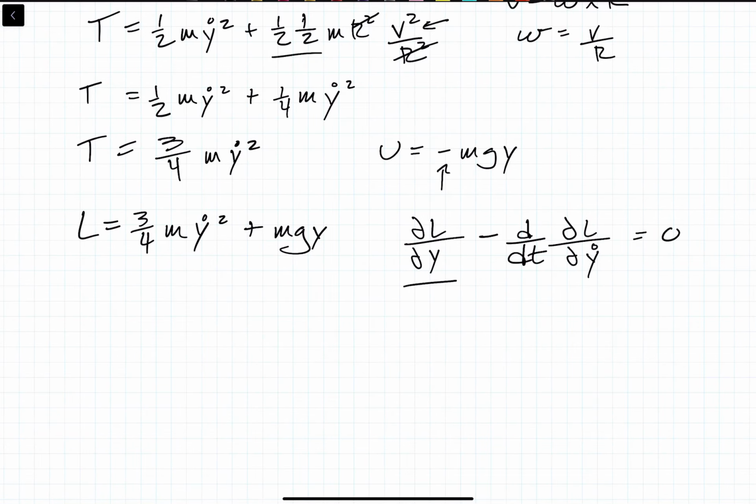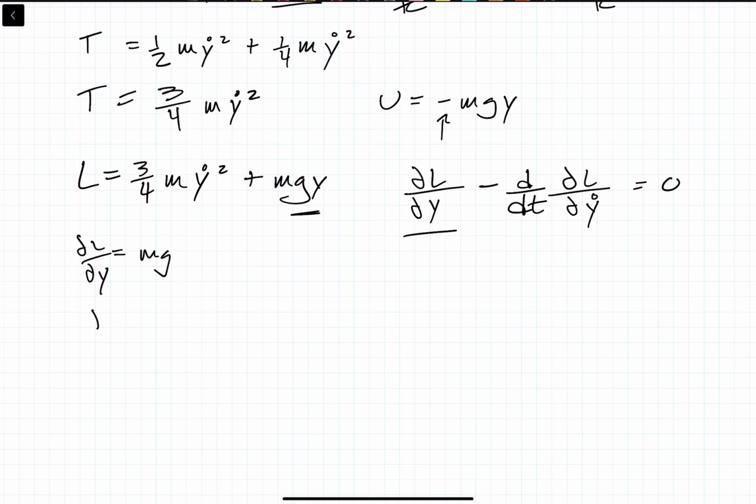So now I have to find the partial derivative of this equation with respect to y. The only y term in this equation is here. So the partial of L with respect to y is equal to mg. Now I need to find the partial of L with respect to y dot. There's a y dot term here, but not here.